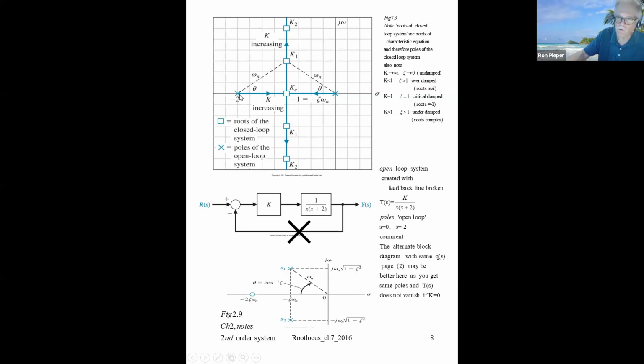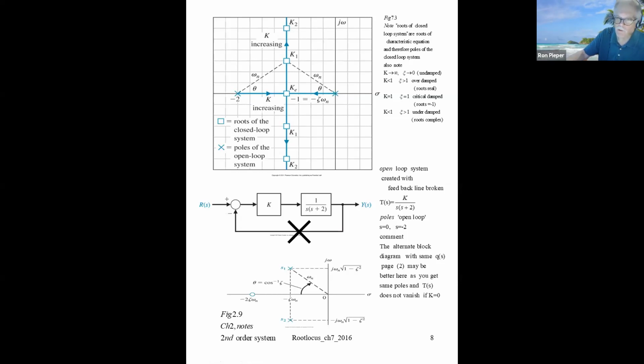Normally we use X's for poles, but for this particular figure, he's only used the X's for poles for the case of K equal to 0. As soon as K became bigger than 0, he stopped using the X's and started using boxes. Well, that was his choice, and I'm not sure I have a problem with it. I just want to point out that normally wherever poles are, we use X's.